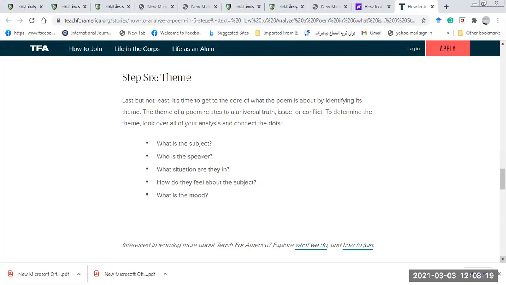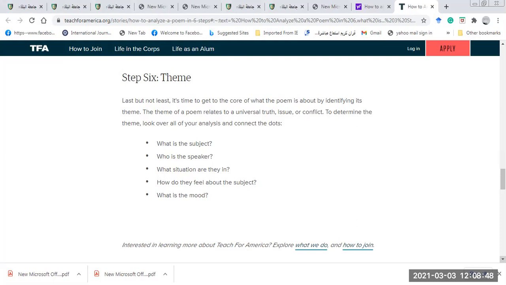Here we have 5 questions. If you answer these questions, you can easily find out the theme. The first question, what is the subject? Write it on a piece of paper. Who is the speaker? Also write it. What situation are they in? I mean, the speaker and the subject. How do you feel about the subject?